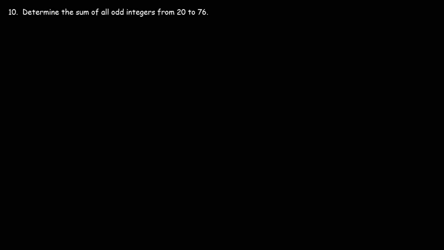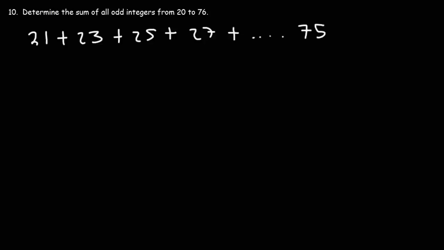Try this one. Determine the sum of all odd integers from 20 to 76. 20 is even, but the next number, 21, is odd. And then 23, 25, 27, all of that are odd numbers up until 75. So a sub 1 is 21 in this problem.